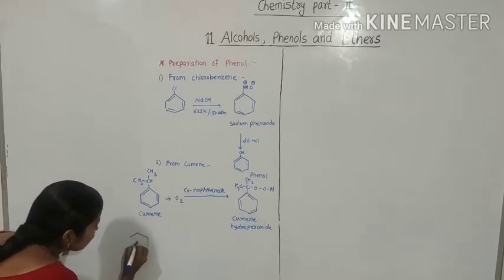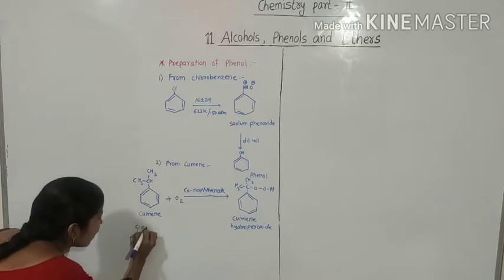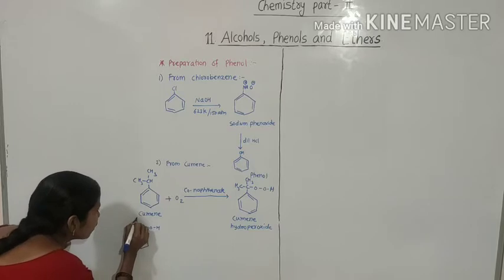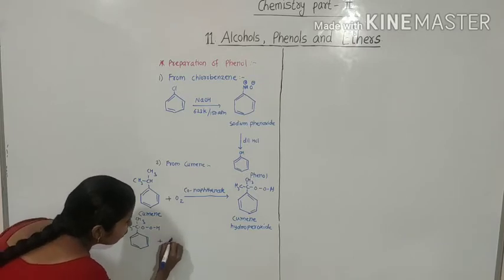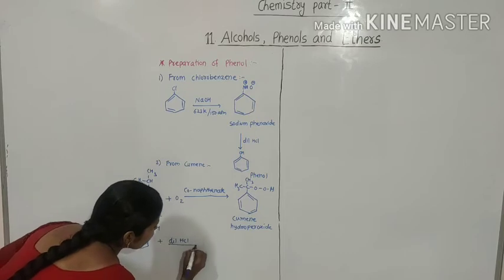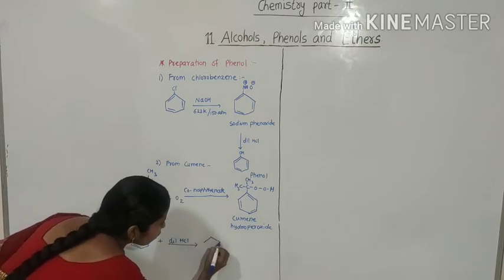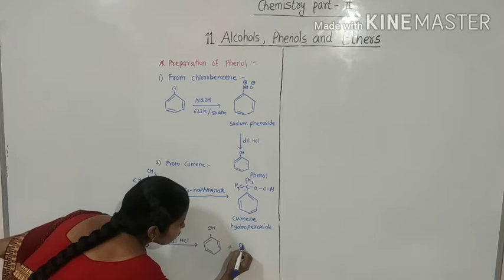Let's see, cumene hydroperoxide, C-O-O-H with CH3 and CH3, plus dilute HCl gives phenol with acetone as a byproduct.